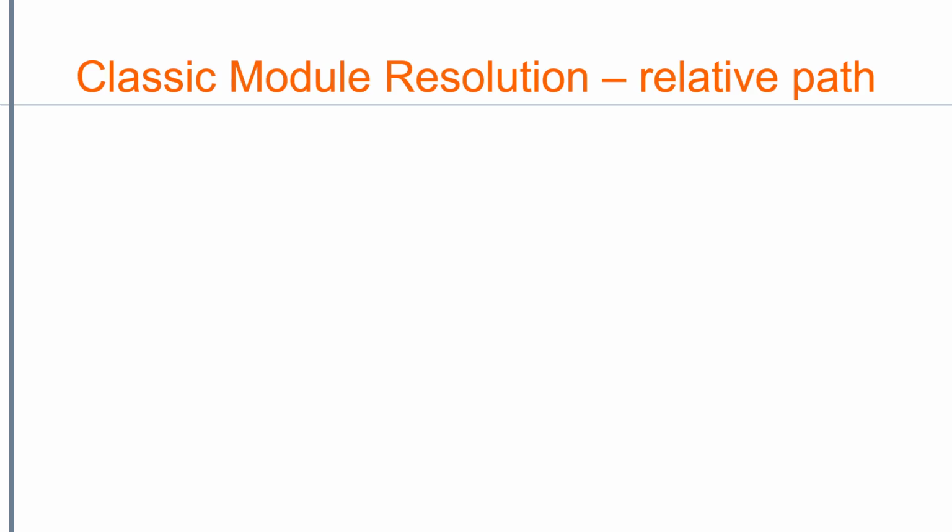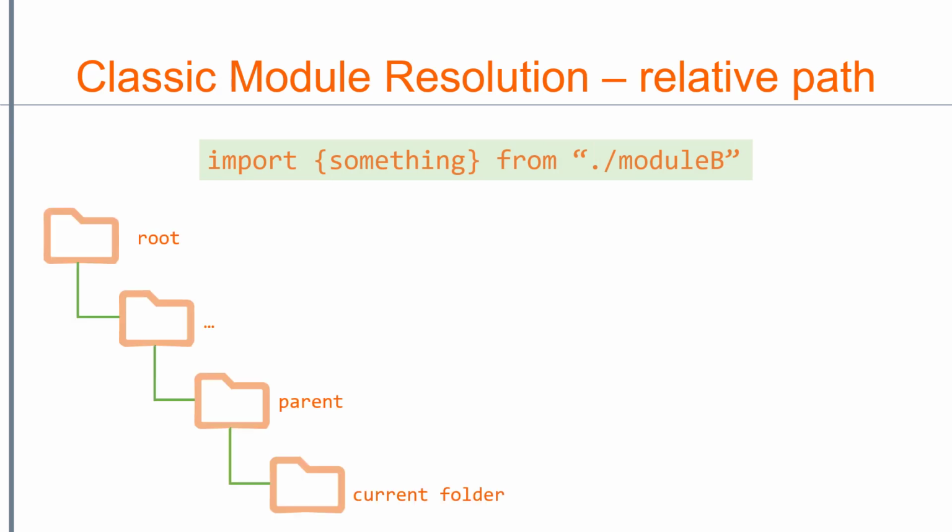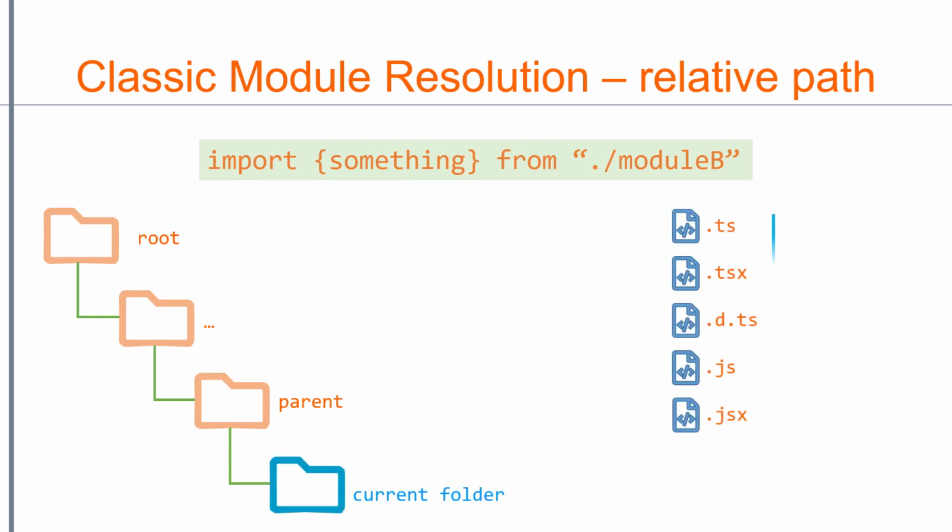First, let's look at how TypeScript resolves a relative path when the classic strategy is used. Let's say we are importing something from module B from the current folder. Now, the TypeScript compiler looks for a TypeScript file called module B in the current folder. A file is a TypeScript file when its extension is one of TS, TSX or D.TS.